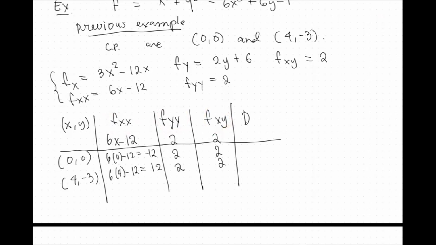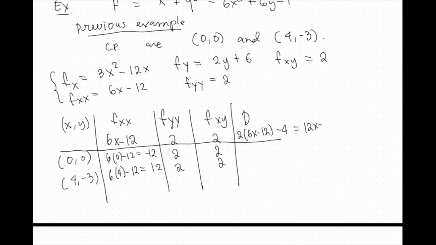So we get 2 times 6x minus 12 minus 4, which is 12x minus 24.